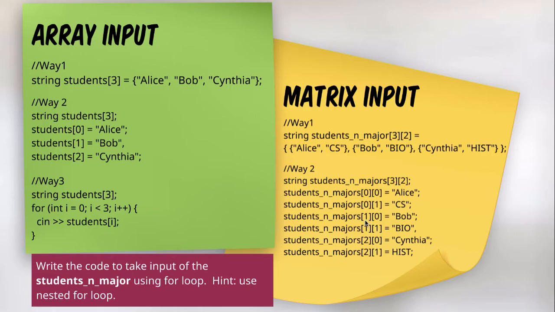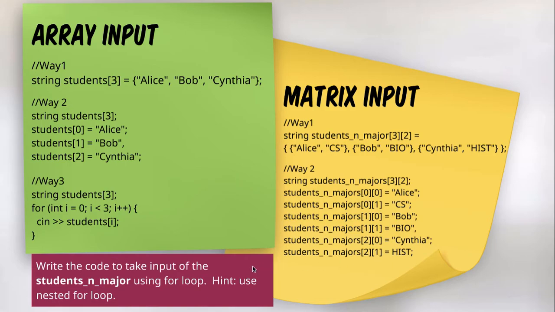The same way I have initialized 1st row and 0th column with the name Bob and 1st row and 1st column with his measure Bio. And the same way I have initialized the 2nd row and 0th column with the name Cynthia, and finally the 2nd row and 1st column with Cynthia's measure, which is History. So this way you can populate a matrix.